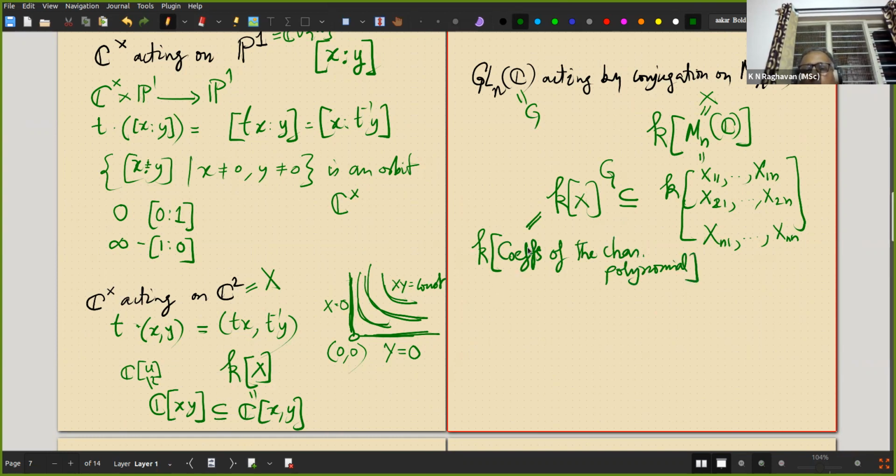This is a very important example, so let me give you other ways of looking at it. You can think of this also as C adjoined symmetric functions in the eigenvalues.